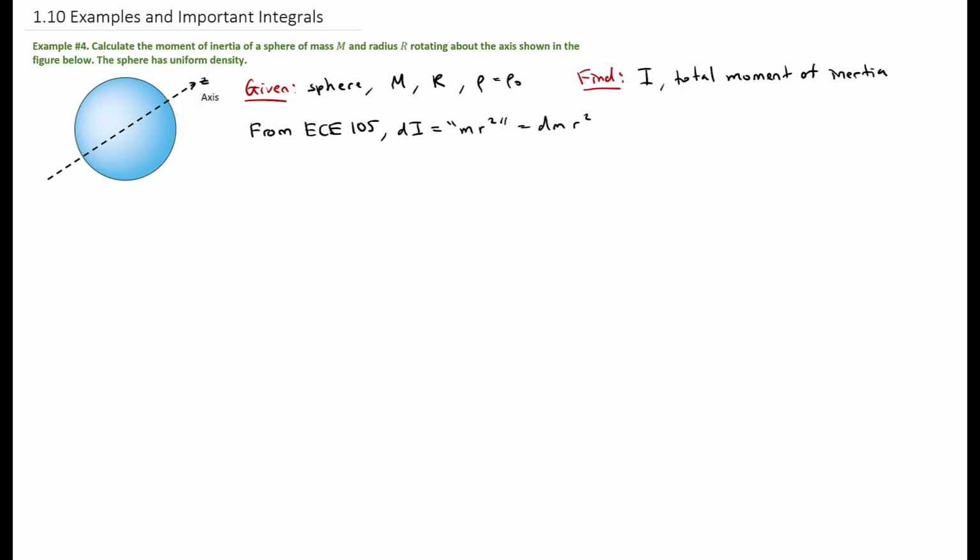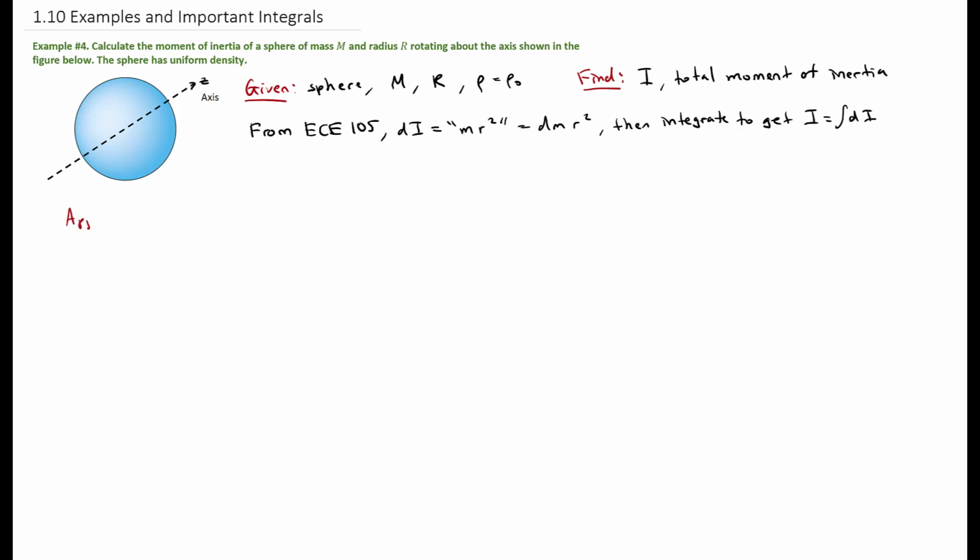And then we would have to integrate that to get I, and that's equal to this. So at least we know what we're trying to find now, and the starting point is to get that dI set up properly.